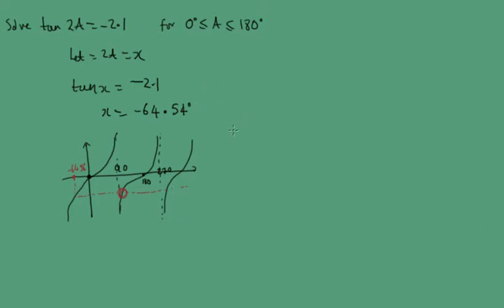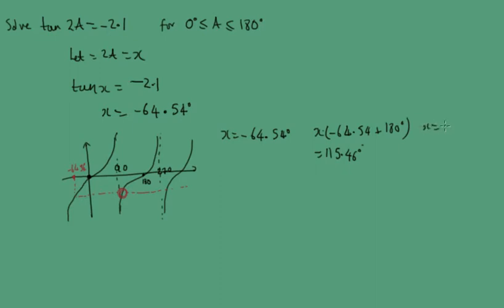So the solutions are x equals minus 64.54 degrees, and we have x equals minus 64.54 plus 180 degrees, which is equal to 115.46 degrees, which is still less than 180, so we're going to have another one.